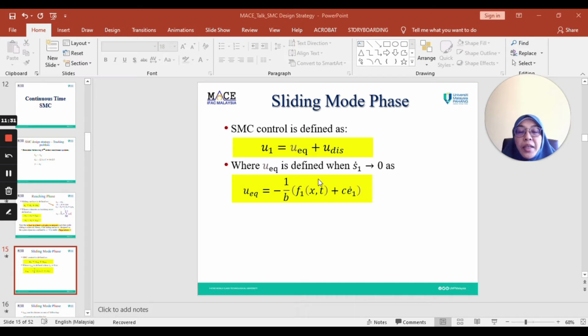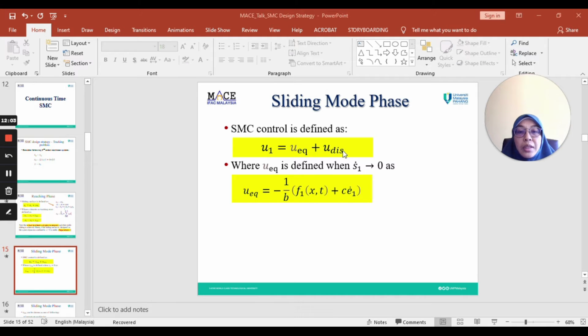In the sliding mode phase, we define our control law as this. For conventional SMC, this is the standard way we define our control law, which is the equivalent control part and also the discontinuous control part, which some researchers call the switching part.